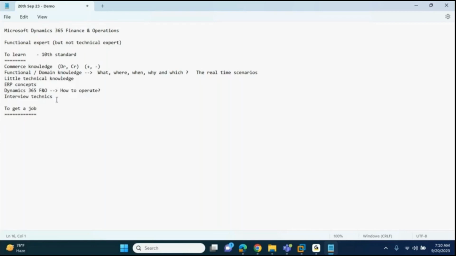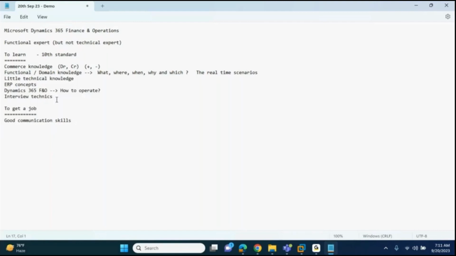Next, to get a job, you need to have good communication skills. Good communication skills means whatever knowledge you have in your mind, you need to express to the opposite person, and the opposite person should be able to understand whatever you are speaking.